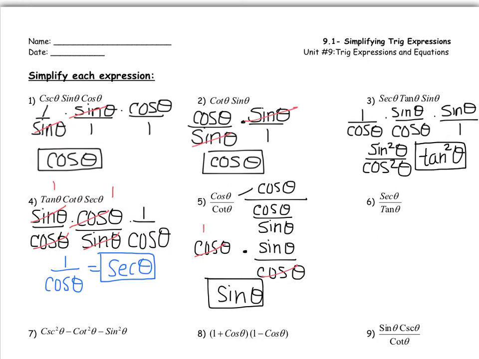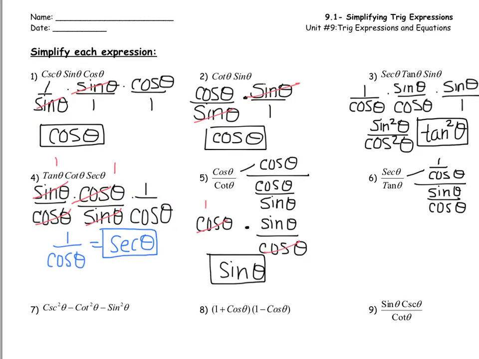Okay, same concept for 6. Secant we know is 1 over cos. And we're going to divide that by tangent, which we know is sine theta over cosine theta. So we're going to keep, change, flip.